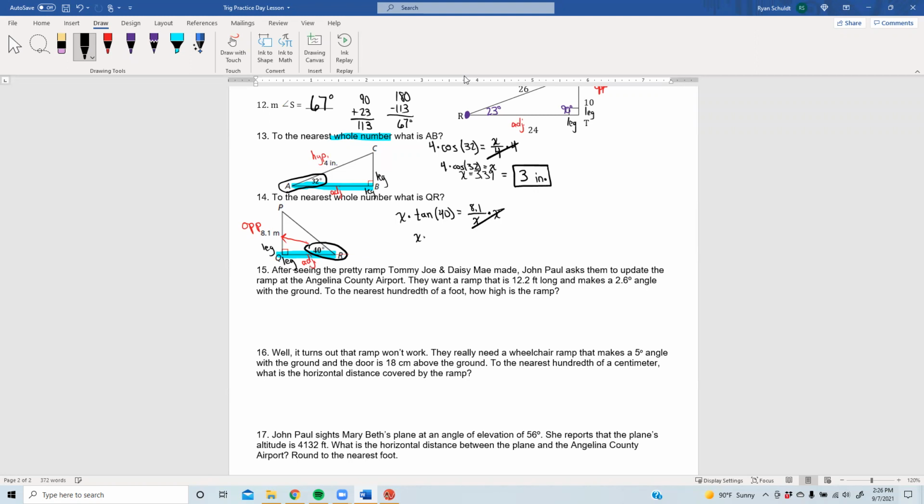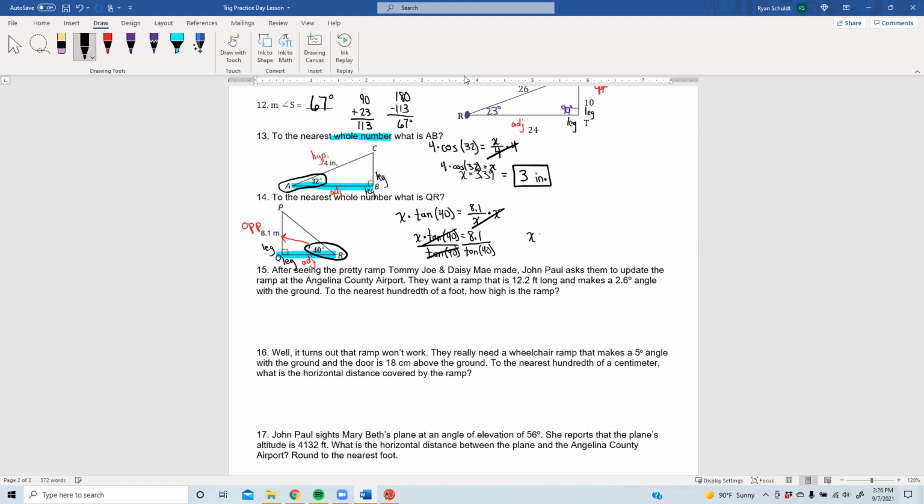I have x times the tangent of 40 equals 8.1. Divide by the tangent of 40. Those cancel.